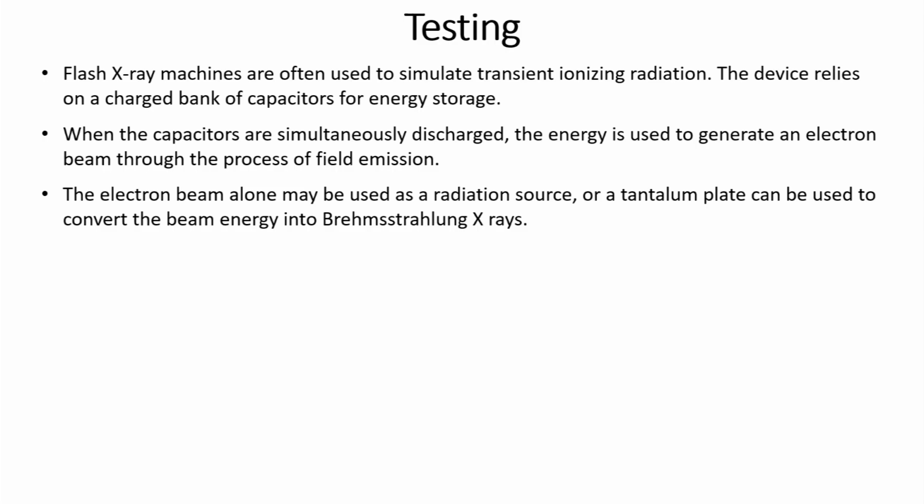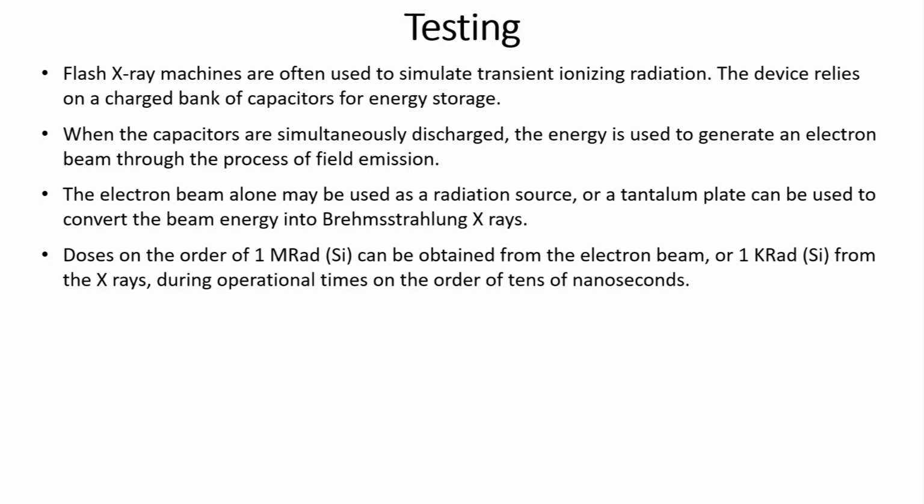This converts the beam energy into Bremsstrahlung X-rays. Doses of the order of 1 megarad in silicon can be obtained from the electron beam, or 1 kilorad from the X-rays. It is not for the biological dose.